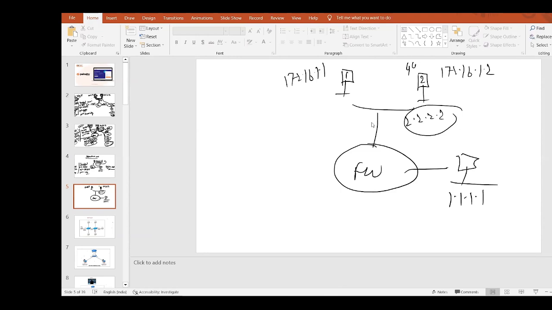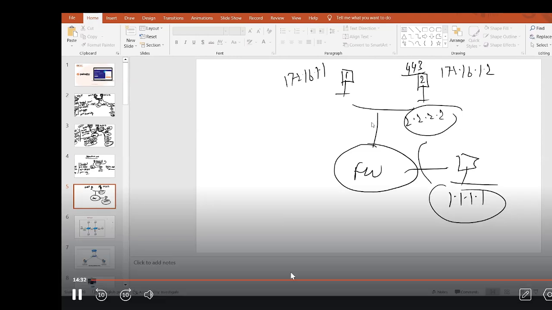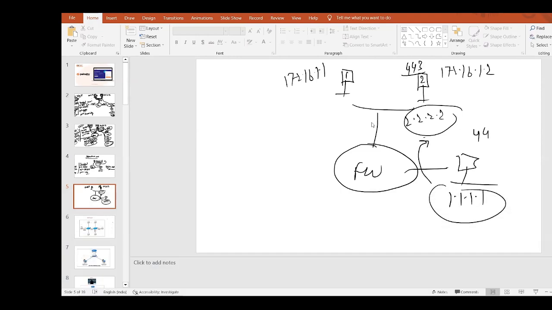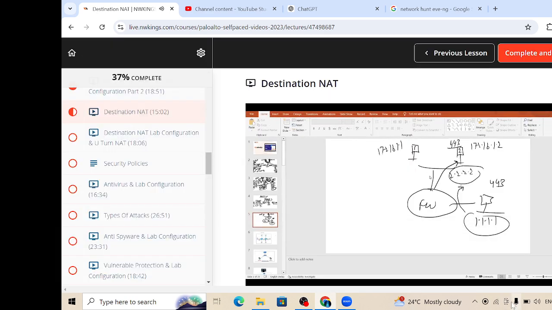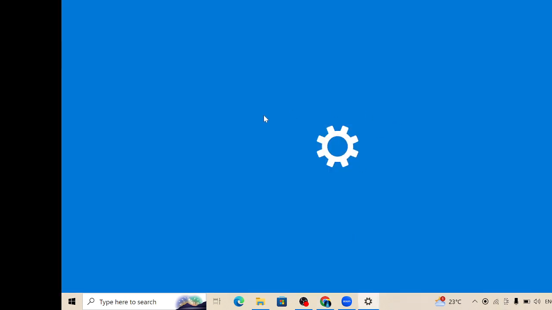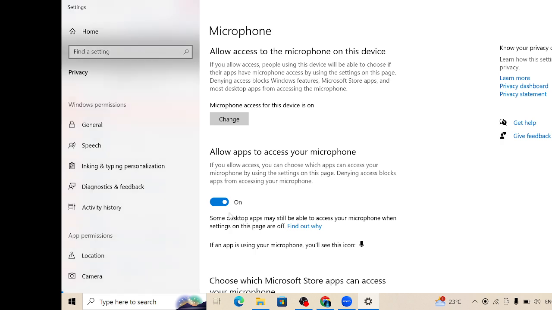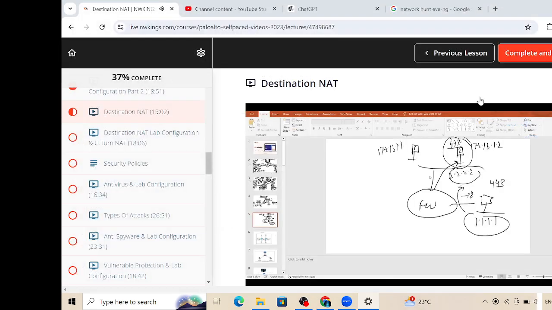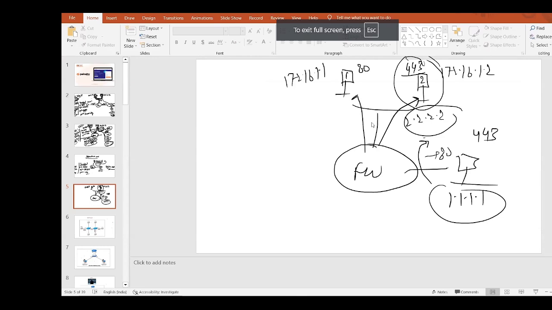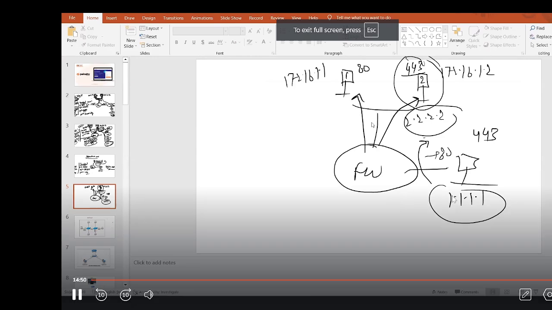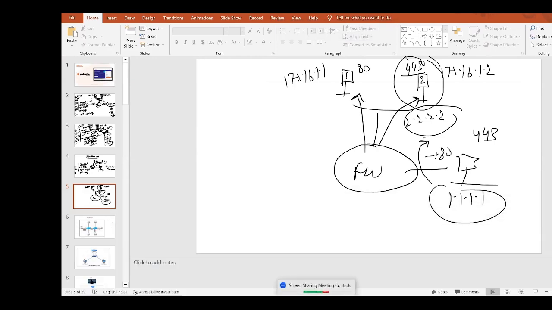With the help of services, we can define that. If the same source comes to destination 2.2.2.2 on port 443, my firewall will forward the traffic to this PC, because this PC is running the 443 service. And for this other PC, if he initiates traffic on port 80, it will forward the traffic to that PC. So that's the basic concept we can use. Now let's go and do the lab for that.